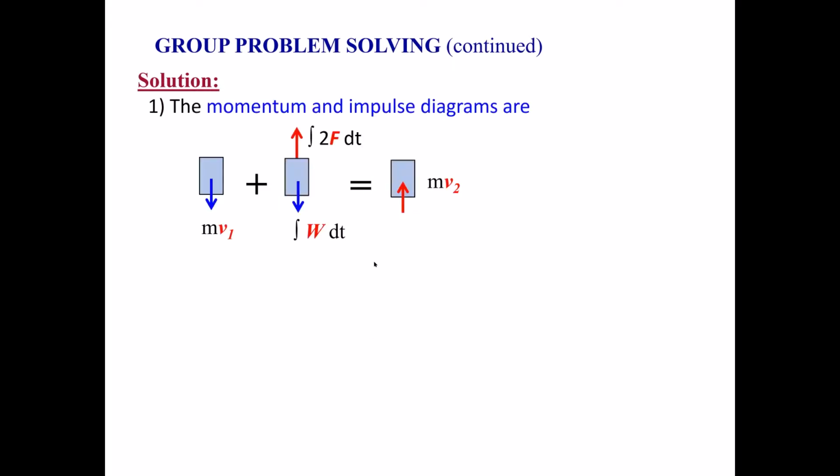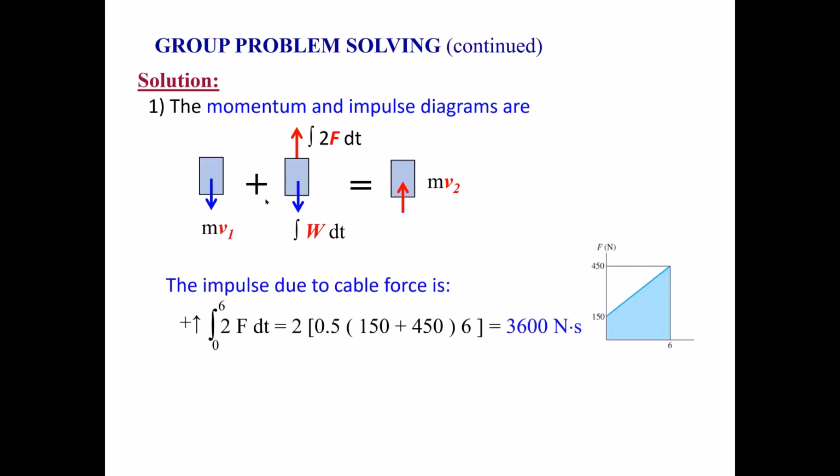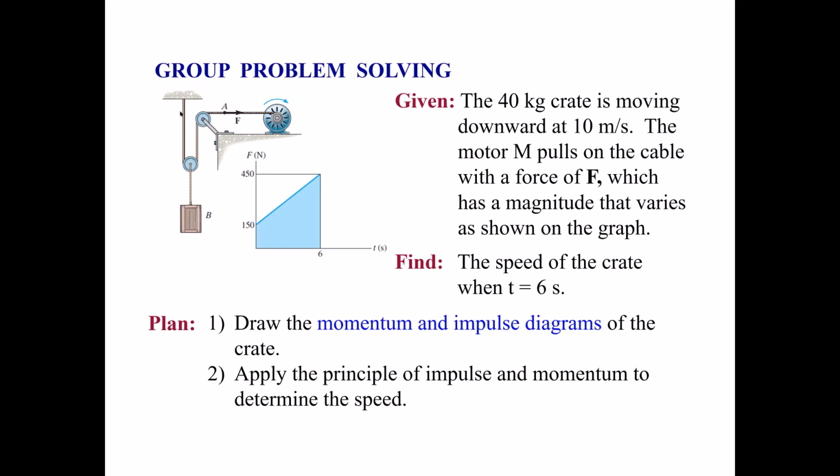Okay. So first thing is, we're going to do the momentum and impulse diagrams for the final momentum diagram. And you'll notice here that it's 2 times F, okay? And that, of course, is due to this. You notice that there's a tension here and a tension here, right?